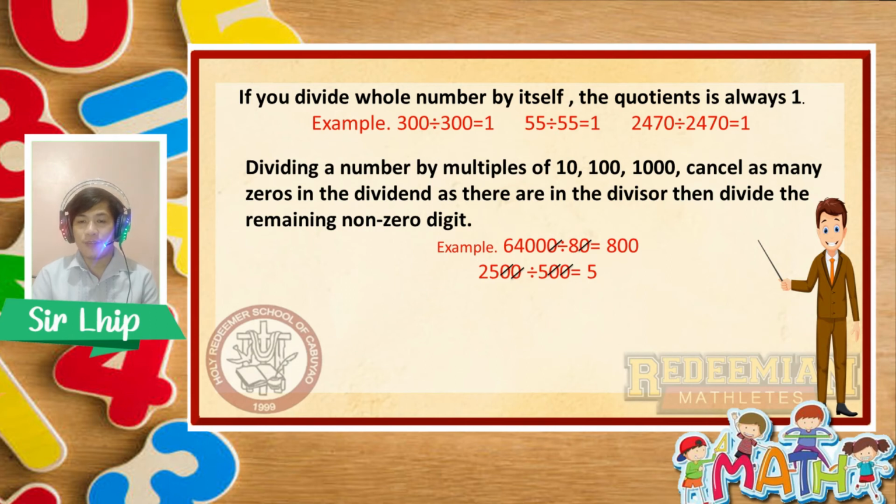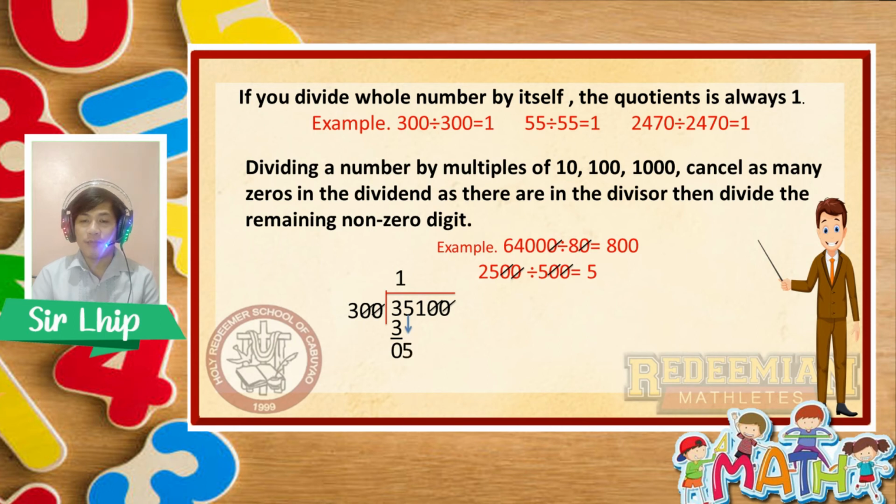Another example, 35,100 divided by 300. So there are 2 zeros in the divisor, so we need to cancel the zeros, and then 2 zeros in the dividend. So divide now. 3 divided by 3 equals 1. Then 1 times 3 equals 3. Then subtract 3 minus 3 equals 0. Bring down 5.